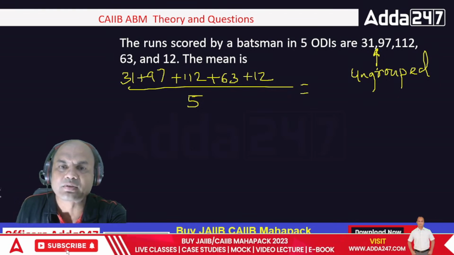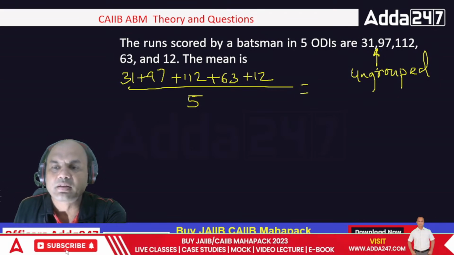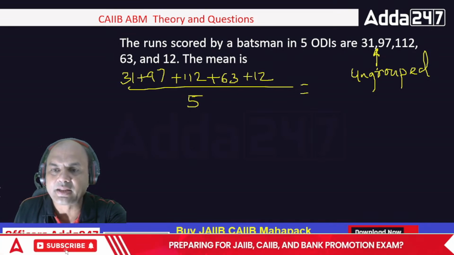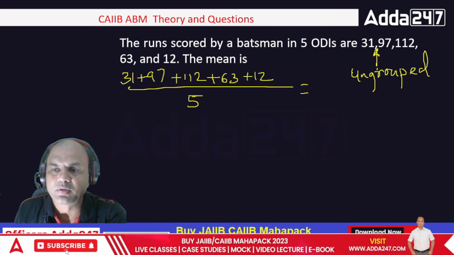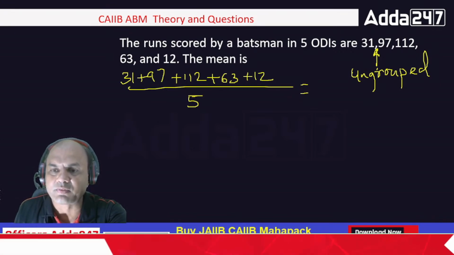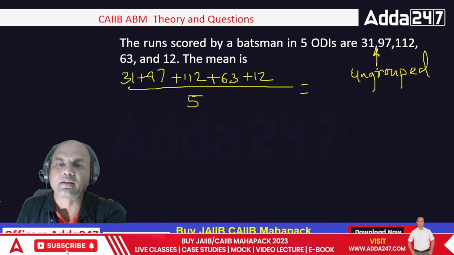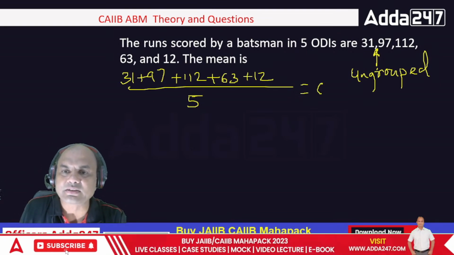So what is the answer over here? 31 plus 97 plus 112 plus 63 plus 12, the whole upon 5, right? So the answer is 63. So my mean is 63.